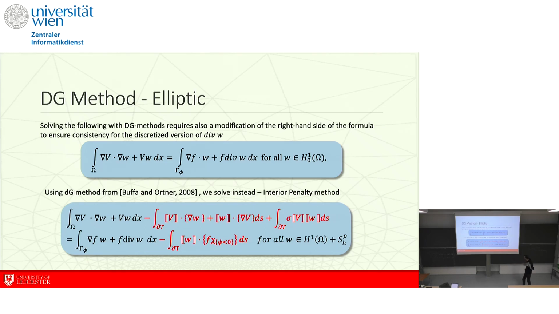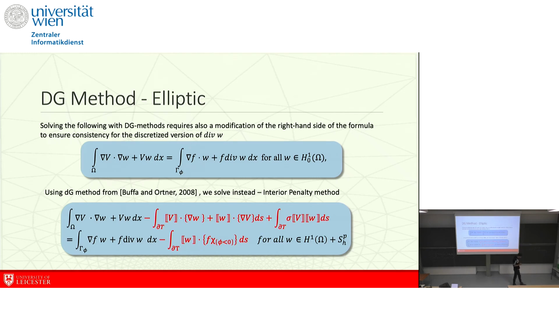You'll also notice that we have this term here, this sigma. Sigma here is the penalty constant, and it defines to what extent the discontinuity between the elements is penalized.